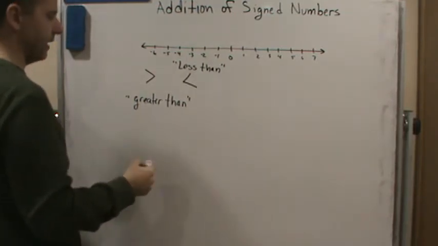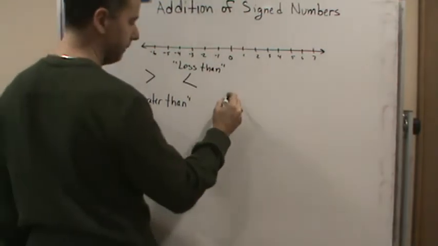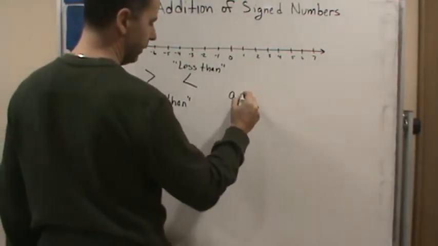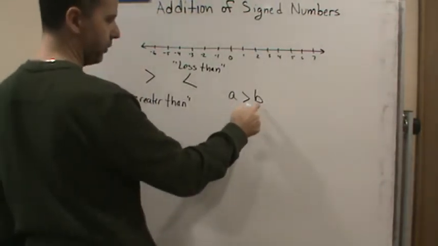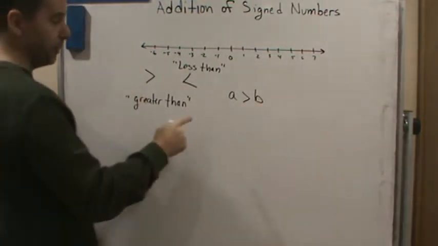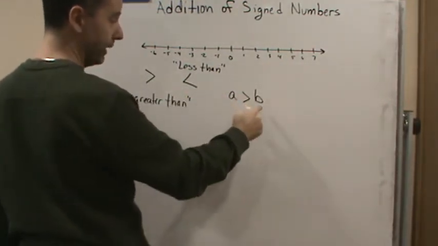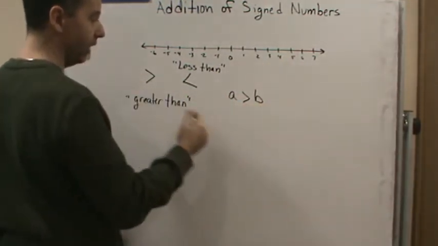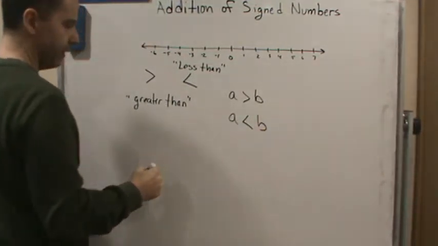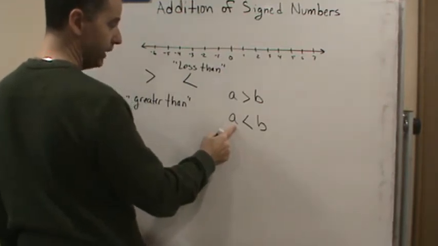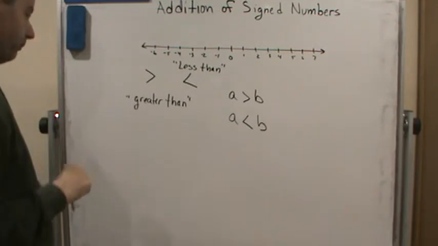If I pick any numbers A and B, and I say A greater than B, this means A is greater than B. What does that mean? On the number line, A is going to be to the right of B. And if I say A is less than B, that means A is going to be to the left of B on the number line.